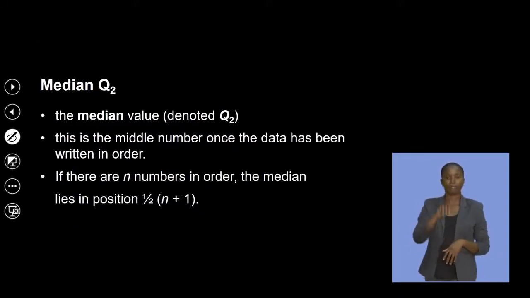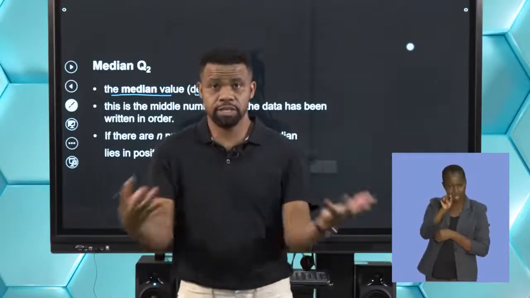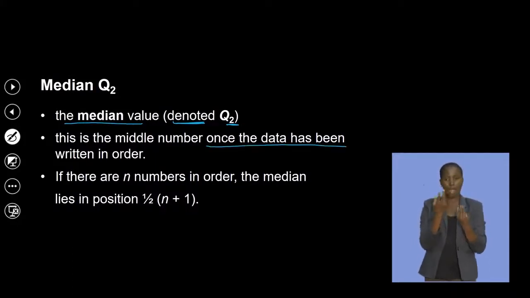The median, which is the middle number, can be denoted by Q2. When I say Q2, I'm saying the median. Q2 means the median, the middle number, once the data has been written in order.